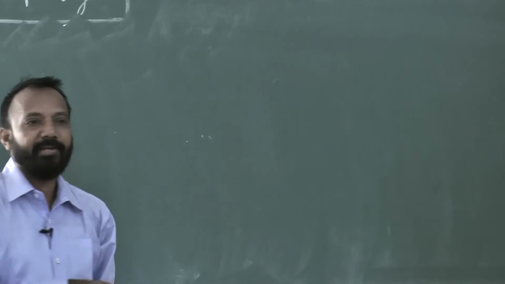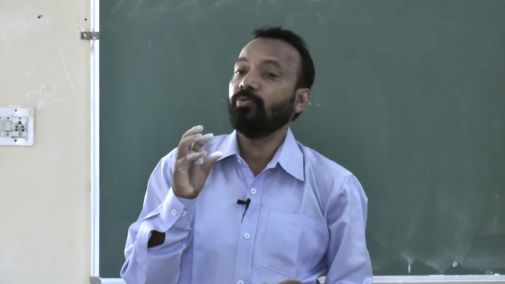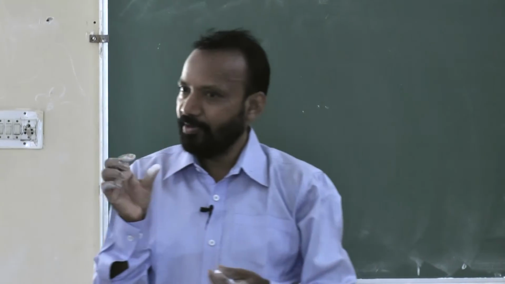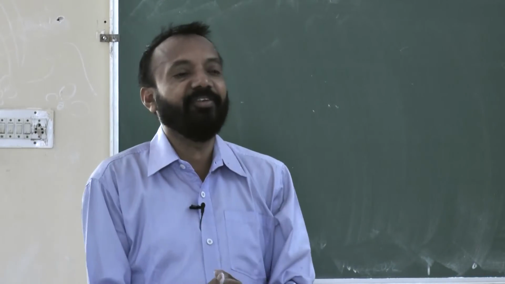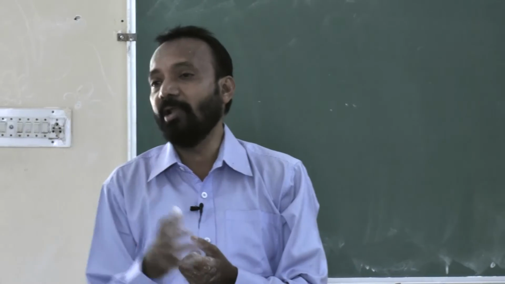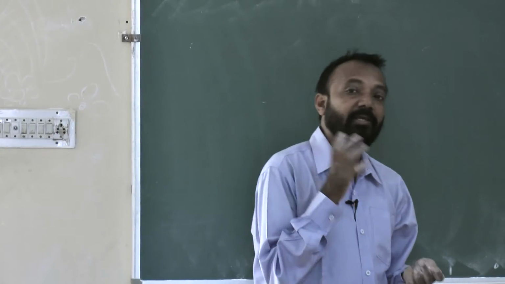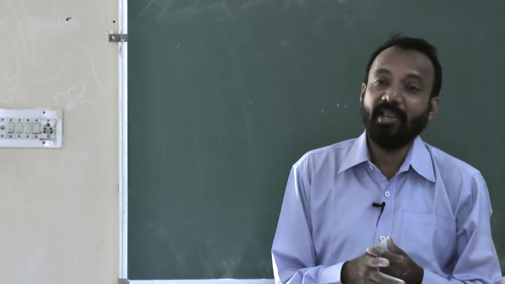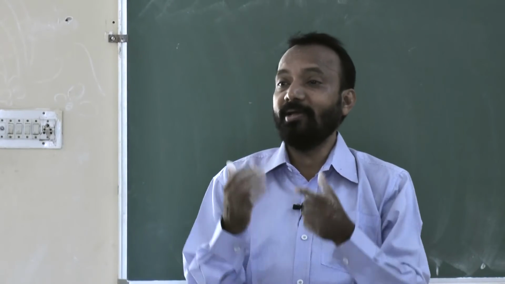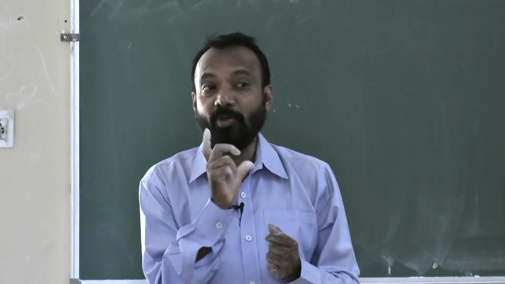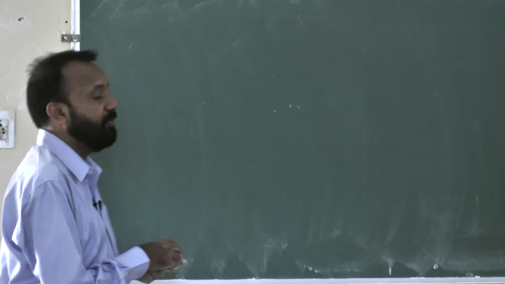Whenever you get a relationship between u, object distance, v, image distance, and f, focal length, that is the formula called the mirror formula. In the leisure time, I will explain in extra time how the mirror formula can be derived. Today I will only give the hints, how they are related.